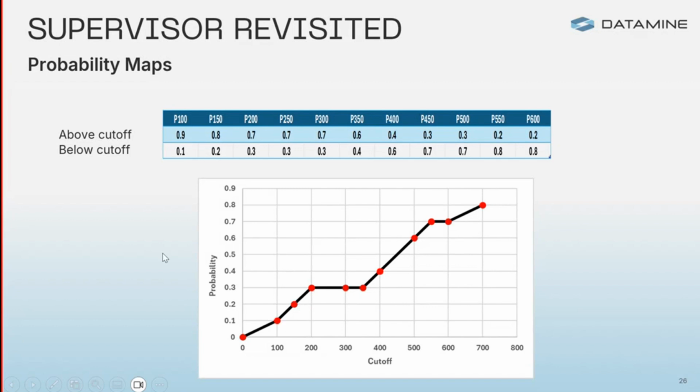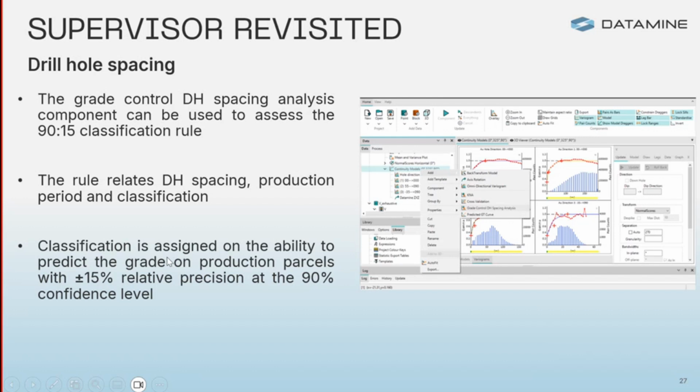And I guess there's a little bit more, which is this one is really good. You probably have heard of drill hole spacing analysis. There have been a lot of applications now in drill hole spacing. In Supervisor, we have a component that we call grade control drill hole spacing analysis.